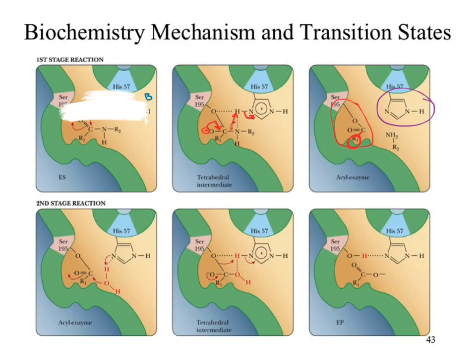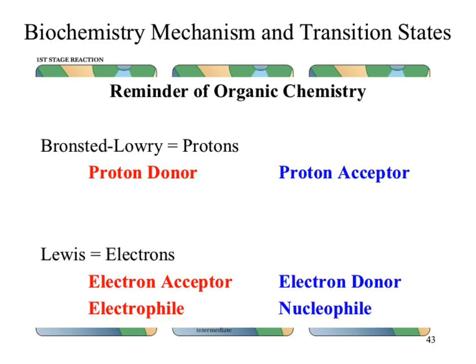Okay. So, parts that you're responsible for. We have curved arrows, which show the motion of electrons. Labeling acids and bases, labeling nucleophiles and electrophiles. You are responsible for that information. Relatively minor right now.